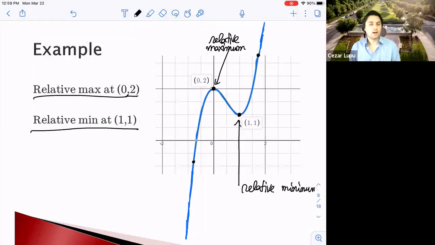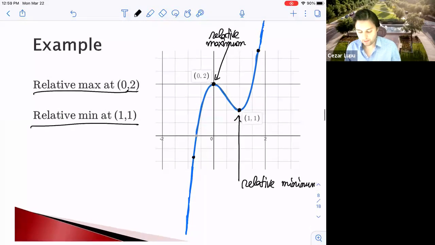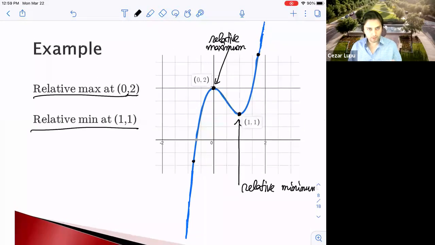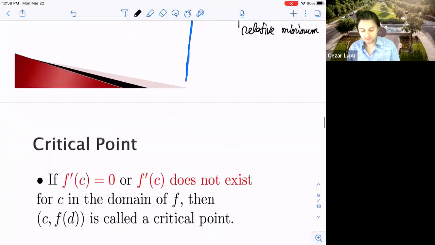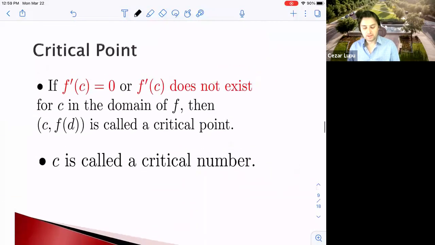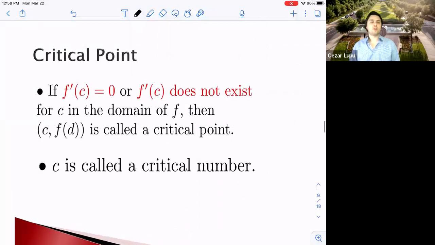This is where the entire picture will make sense, I hope. At this point, we know how to relate these, and the connection will be what we call critical points. So let's see what a critical point is.